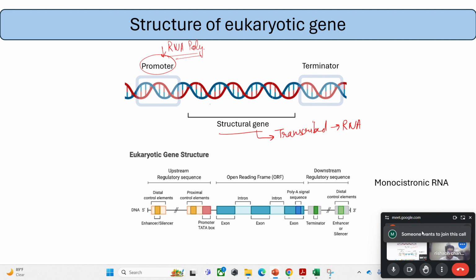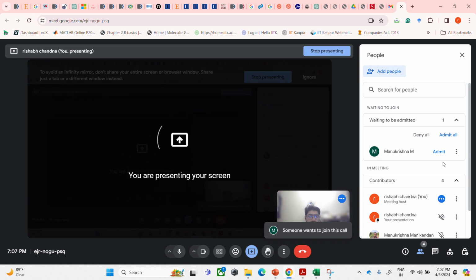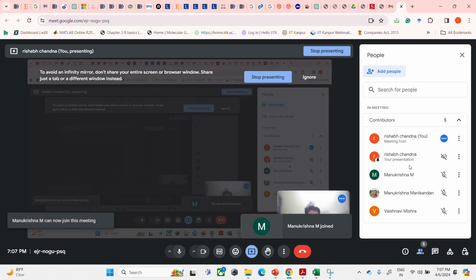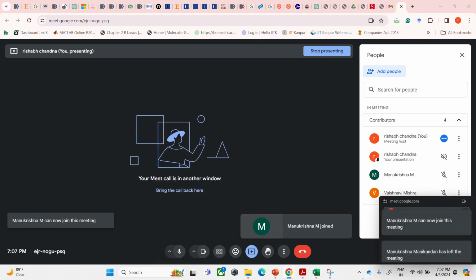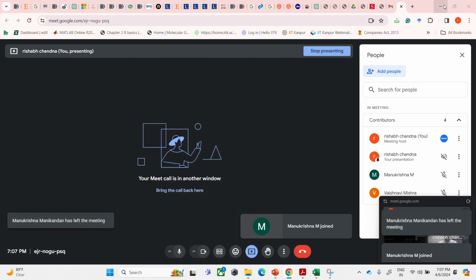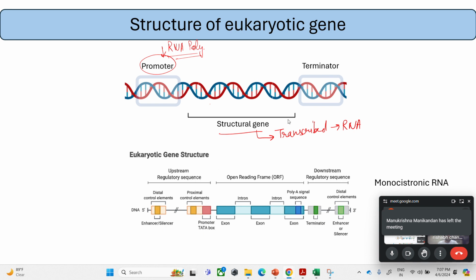And then we have a terminator where the RNA polymerase basically separates out from the DNA and the RNA is released into the nucleus for further processing.